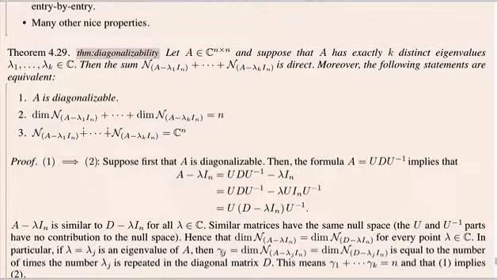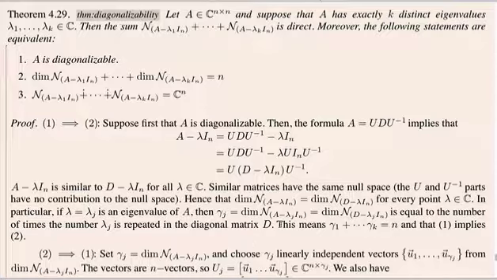So this equals the dimension of the null space of D minus lambda j I_n, and this equals the number of times the number lambda j is repeated in the diagonal matrix D, since that's how we got the diagonal matrix D before.